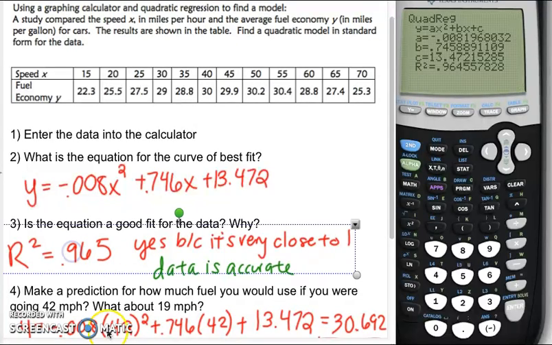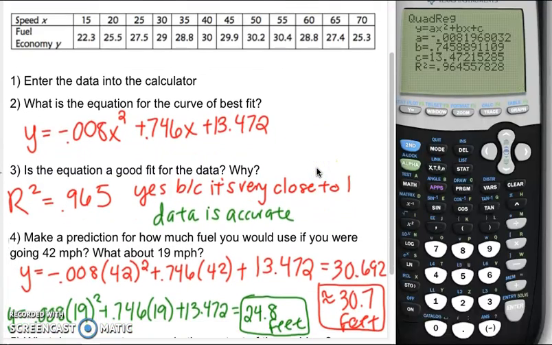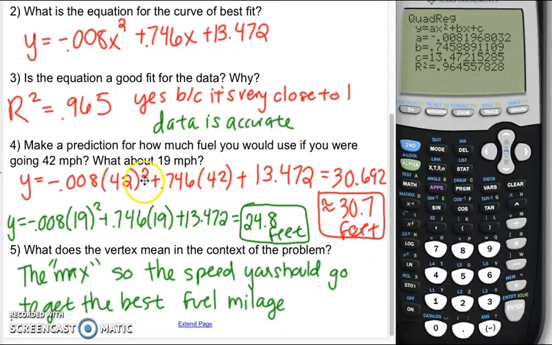All right, so once you do all of that work, now you can answer some questions about your equation. So to make a prediction on how much fuel you would use at 42 miles an hour and 19 miles an hour. Okay, so my units should have been in fuel economy. But what you're going to do is substitute those values into your equation.